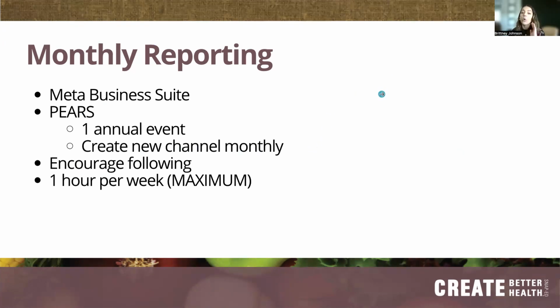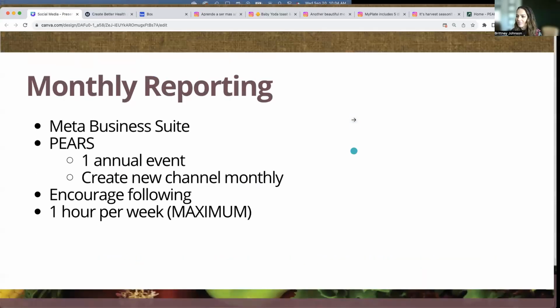So you pull this information from Business Suite, and then you go into pairs, which you'll see trainings on this as well, and you'll either enter an annual event, or you'll have one annual event and then you'll create a new channel each month. So I'll show you really quickly what this looks like, but if you have any questions, again, this is just a highlight for the different steps, and then as it gets closer, if you have questions, you can always reach out to me.